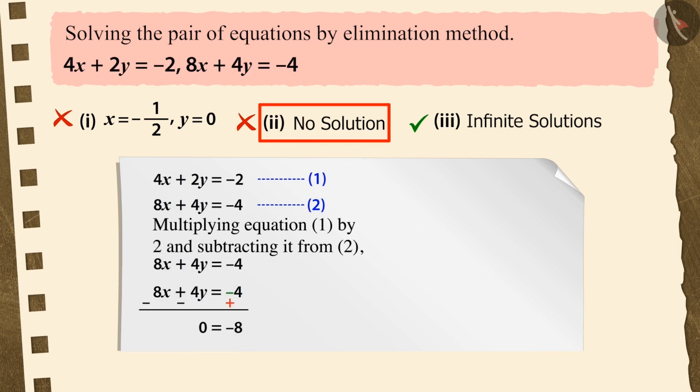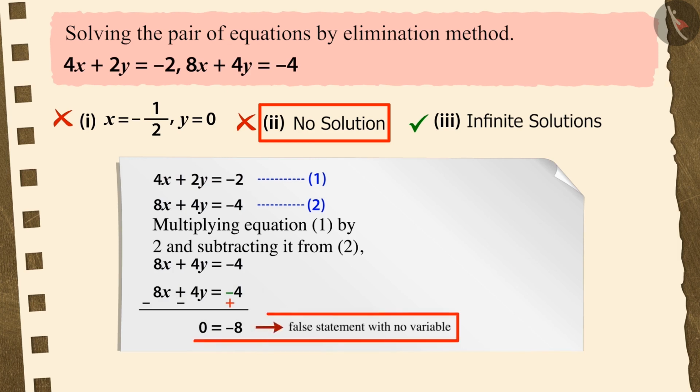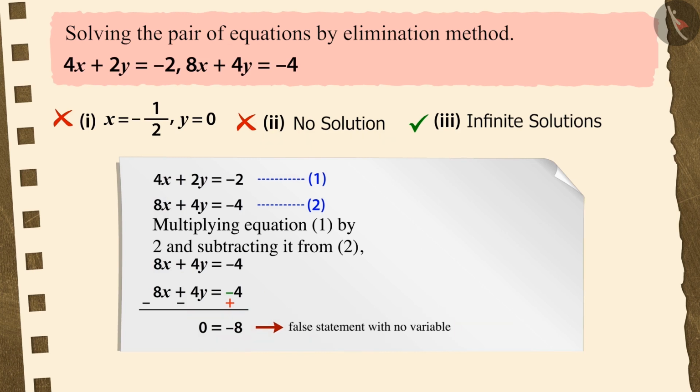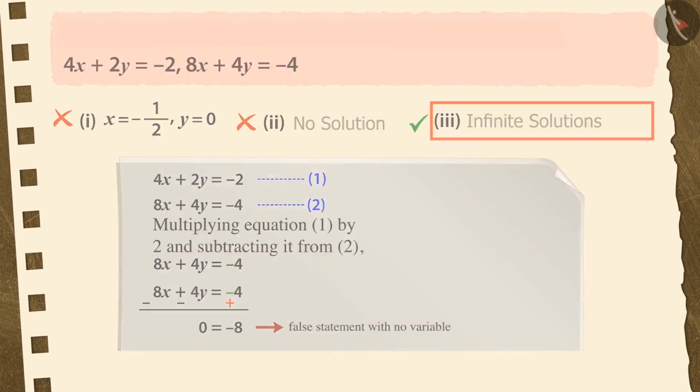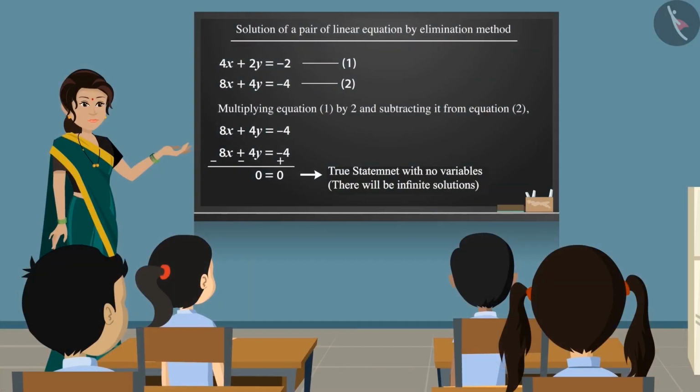Now, you forgot to change the negative sign to a positive sign on the RHS, because of which we get a false statement with no variable. This shows that the pair of linear equations does not have a solution. So I hope you understood why option 3 is correct and the rest are incorrect. A teacher can test his students in the class by using such examples.